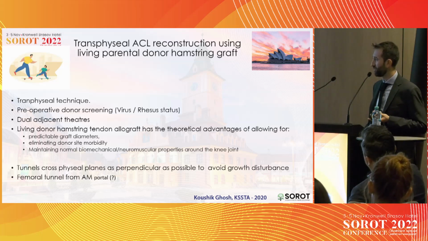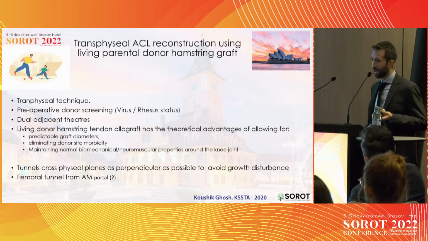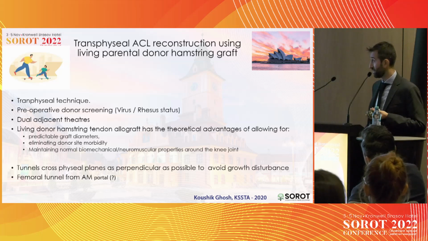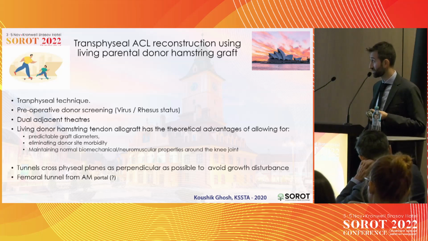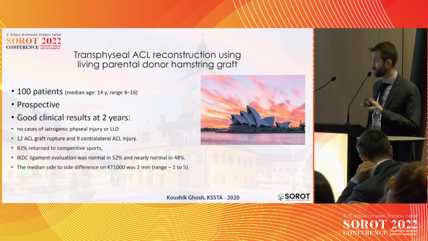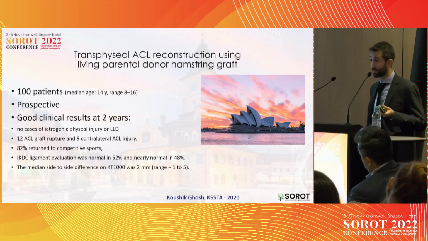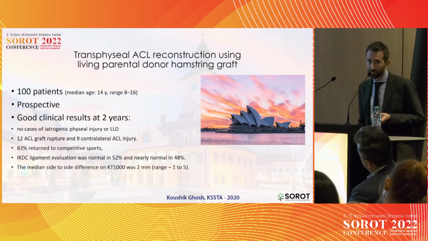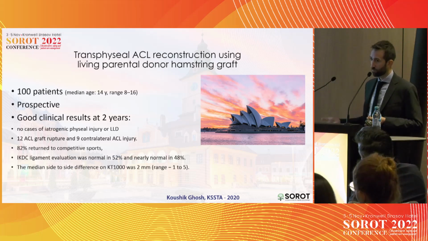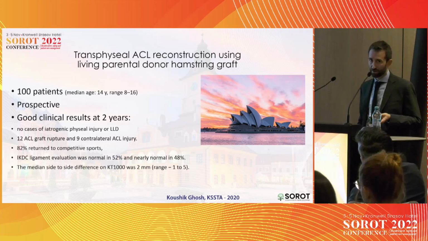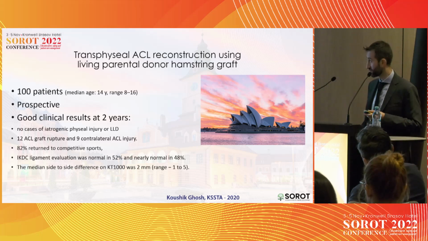You don't have problems with the hamstrings of the kids, so the hamstring-quadriceps balance is not touched, and you maintain normal biomechanical and neuromuscular properties around the knee joint. They observed good results, but at 2 years of follow-up, not more, but with a great number of patients, because it's a prospective study with hundreds of patients.